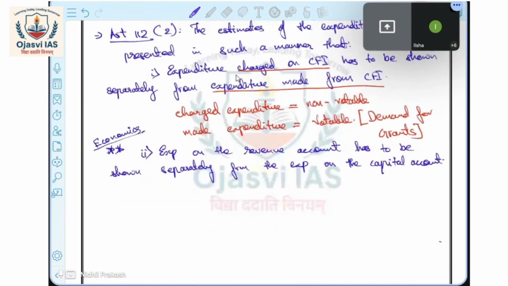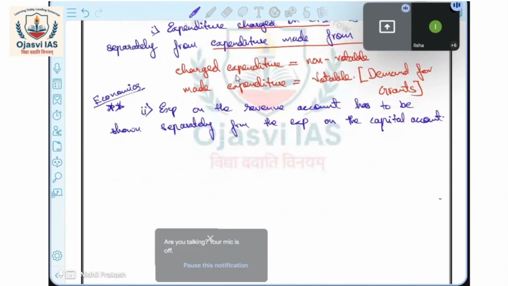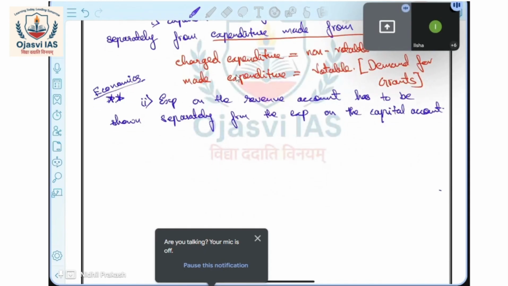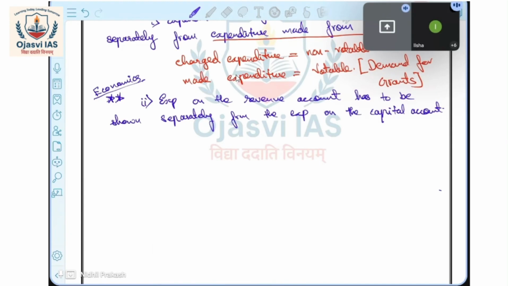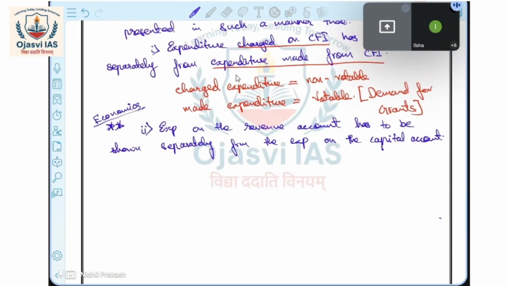This will be taught to you in your economics class. What is the revenue account? What is the capital account? Which is the expenditure side? Where is the non-tax revenue? All of that you will study. Fine. Moving on. Now we'll study what is charged expenditure.